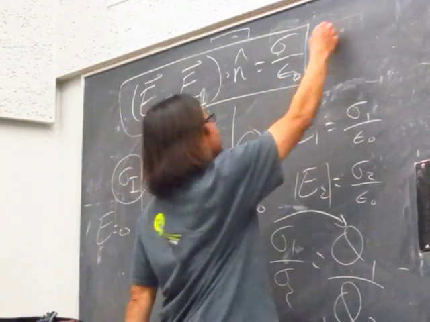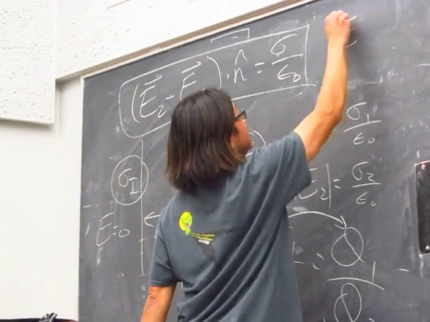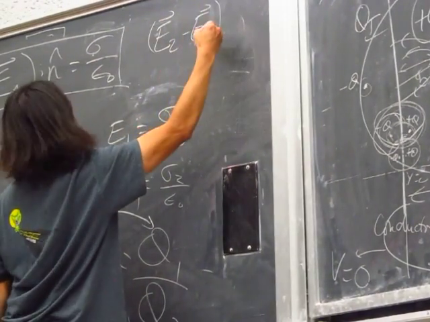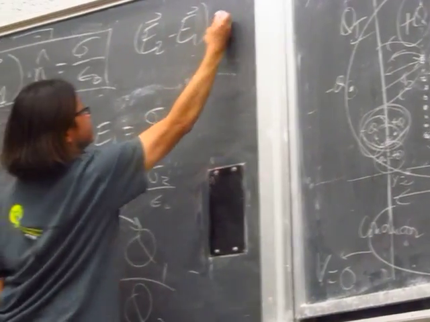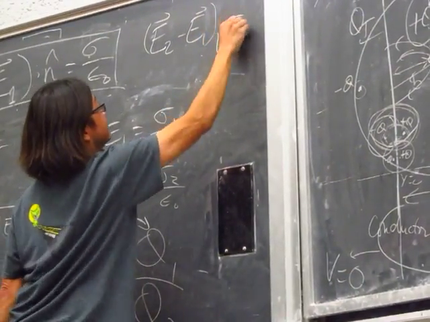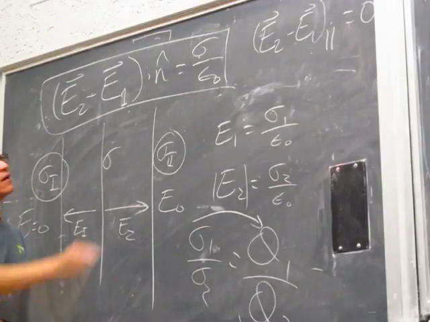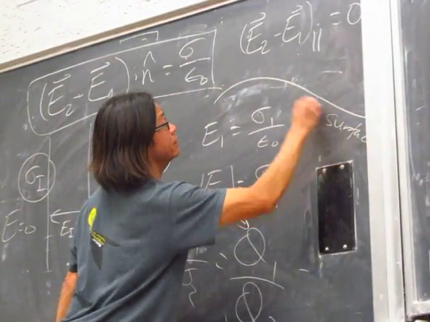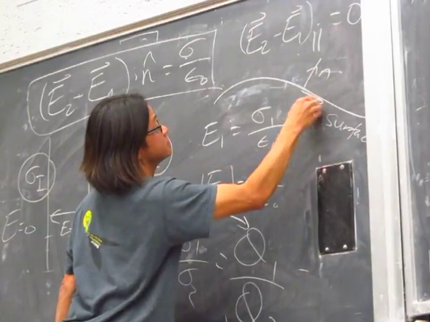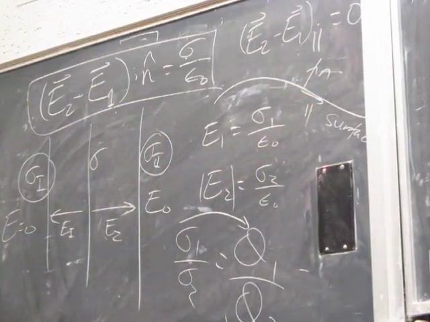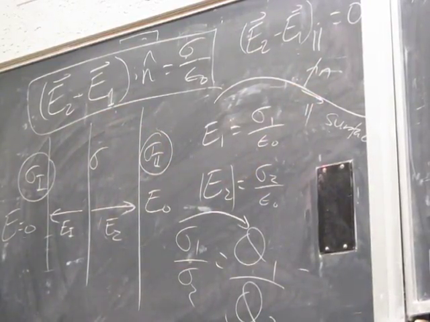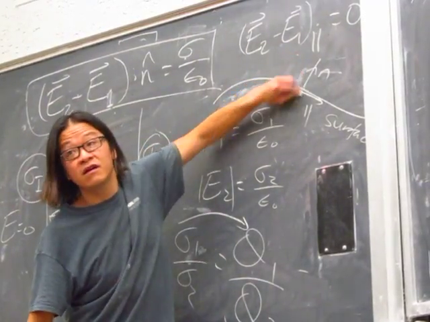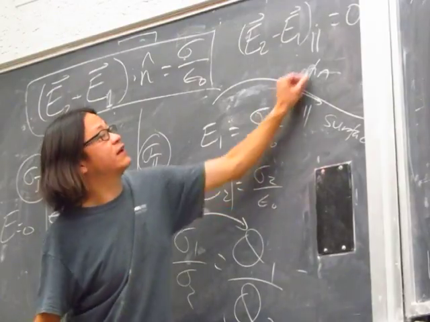And of course, the other part of this equation is E2 minus E1, but now along the parallel direction. This is normal, this is parallel. So the parallel electric field is always continuous across the surface.